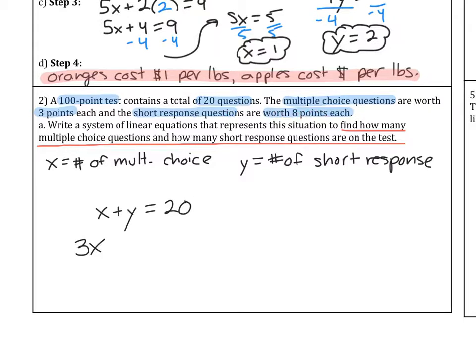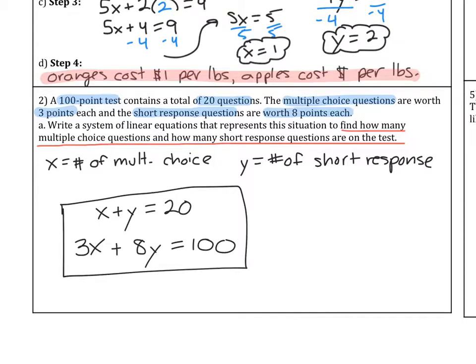So you take 8 points and multiply it by however many short response questions you have. And if you add up all of those points, the points from multiple choice and the points from short response, they should add up to 100 because it's a 100-point test. Now here they only asked us to write the system of linear equations, they didn't ask us to solve, so we're done.